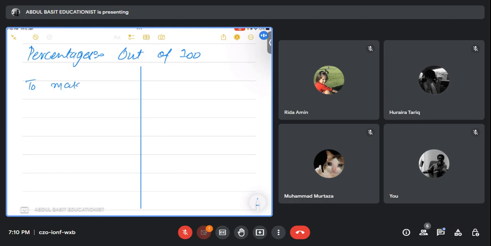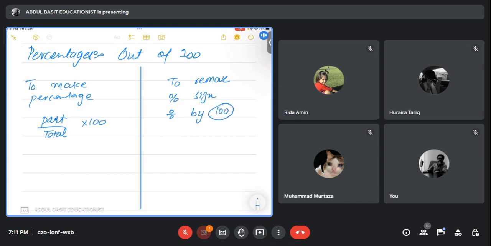To make a percentage, it's part divided by total multiply with 100, and to remove the percentage sign, divide by 100. बस परसेंटेज बनाने के लिए आप 100 से मल्टीप्लाई कर दो और परसेंटेज हटाने के लिए आप 100 से डिवाइड कर दो.